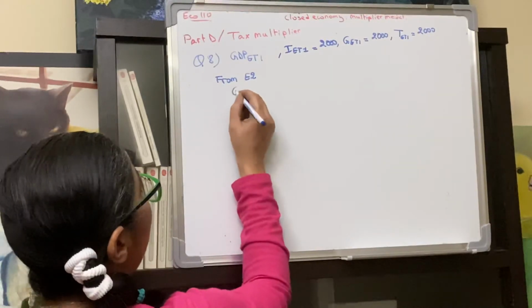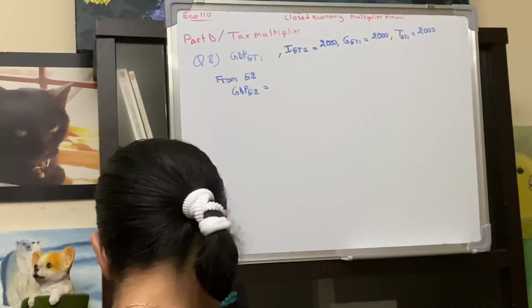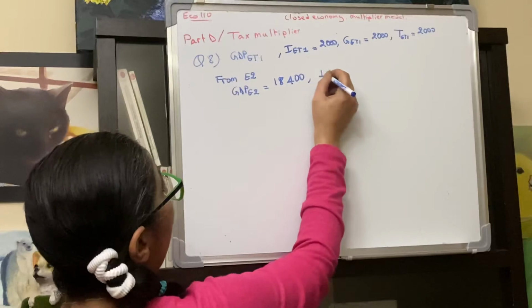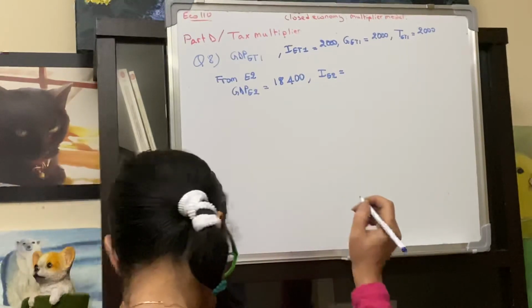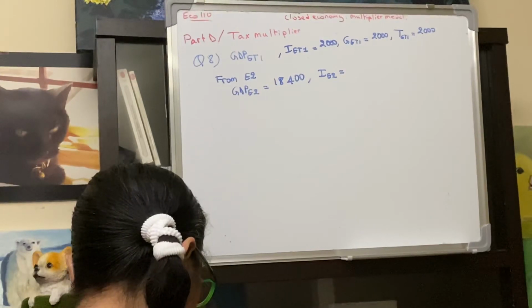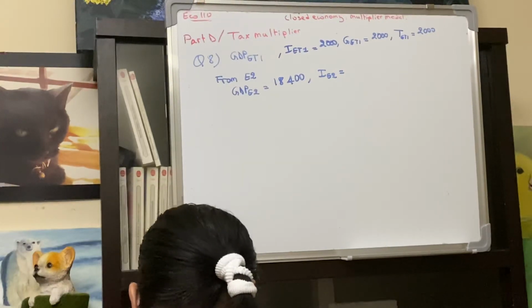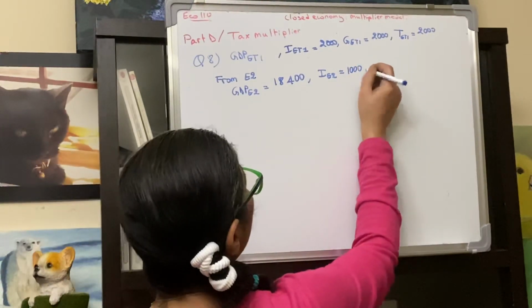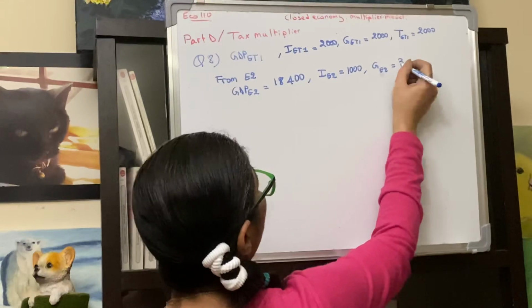At E2, GDP at E2 was equal to 18,400, I at E2 was equal to 1,000, and G at E2 was 300.